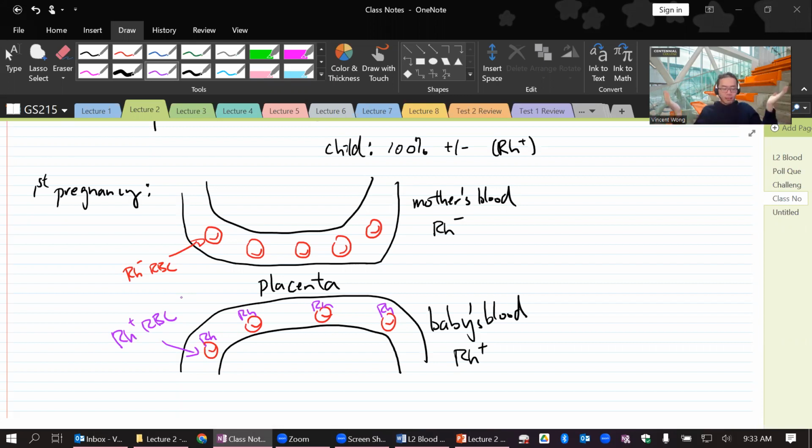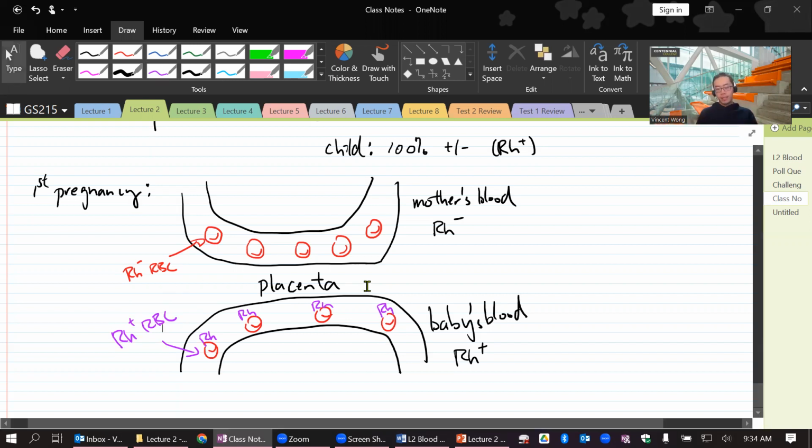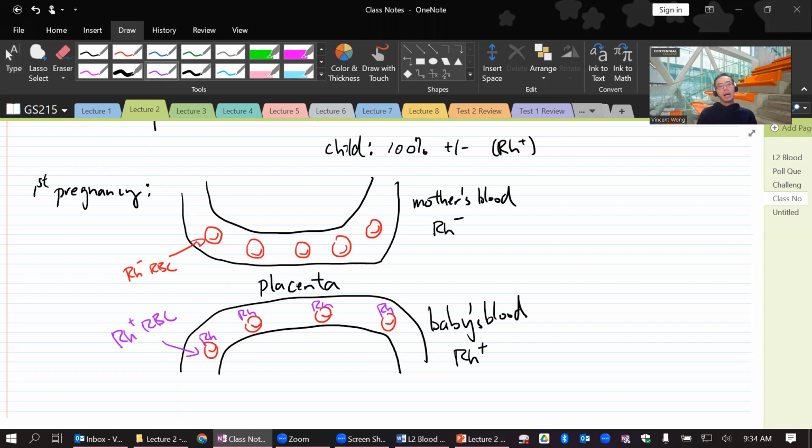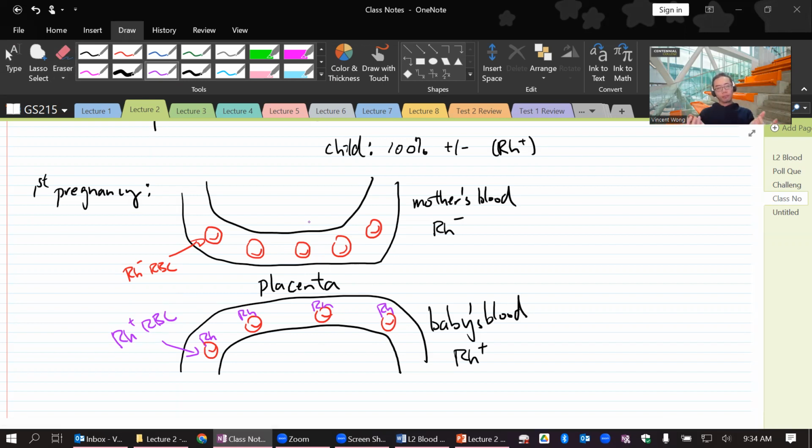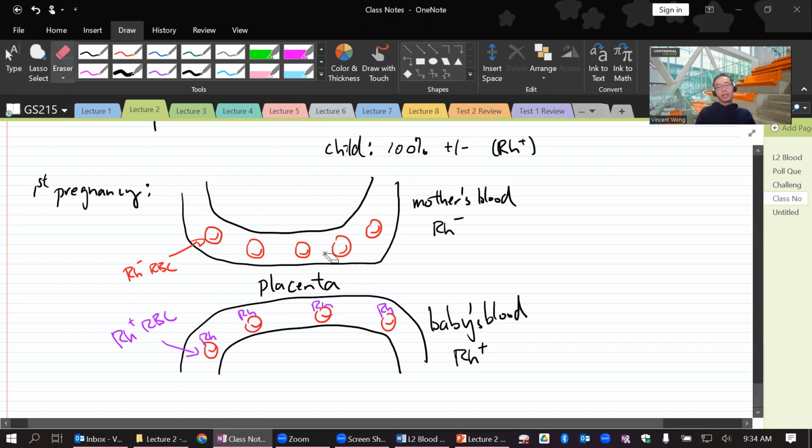But things can get complicated during pregnancy. Okay, maybe there is some accident that could cause the placenta to be a little bit damaged. Maybe there is some tearing going on, and the baby's blood might go into the mother's bloodstream. During labor, when the mother is actually giving birth, that could cause some damage to the placenta as well, and some of the baby's blood might go into the mother's bloodstream as well.